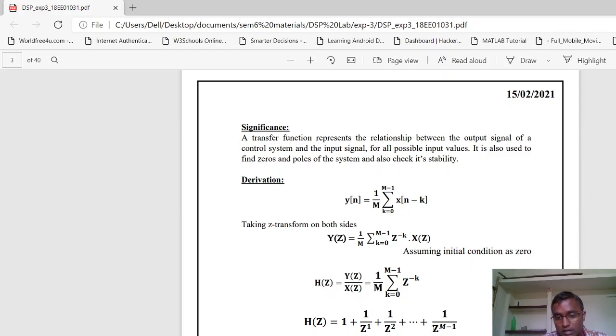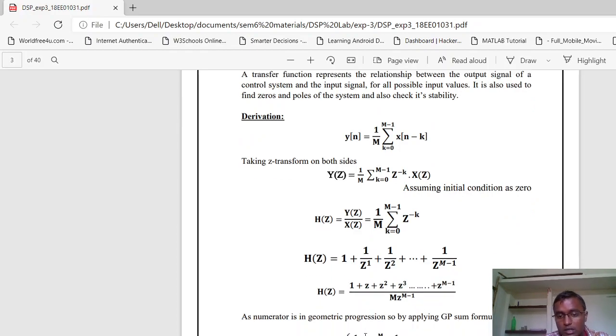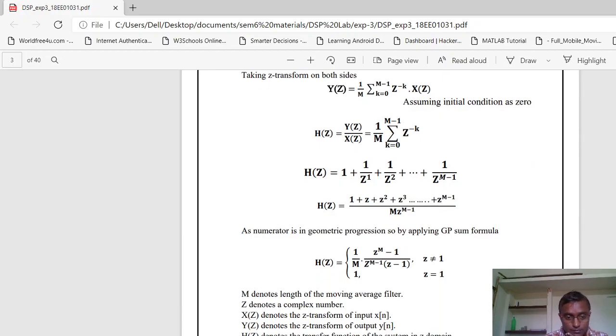After solving this, we get this, and after that we use the GP sum formula. In the GP sum formula, it is understood that the ratio r should not be equal to 1. Accordingly, for z not equal to 1 this is the value of the transfer function, and at z equal to 1 it is the limit of this value, which is 1. These are my notations in this derivation.